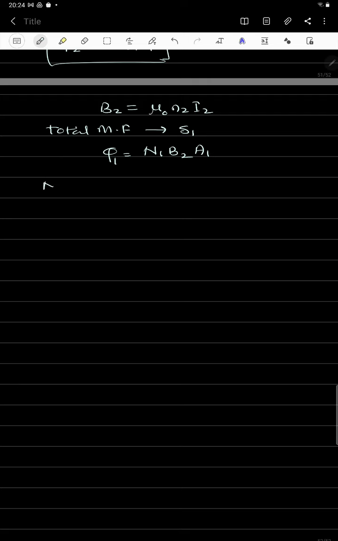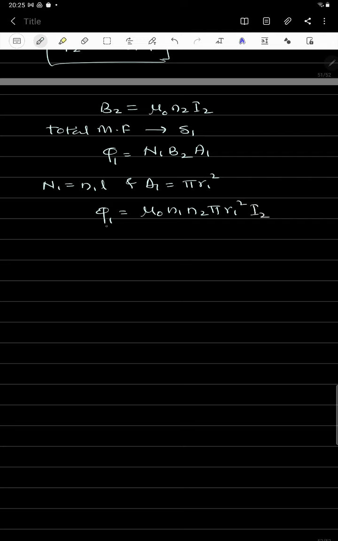And now N1 is small n1 L, and area is pi R1 square. So this magnetic flux we can write directly: N1 mu naught n1 n2 into pi into R1 square into I2.